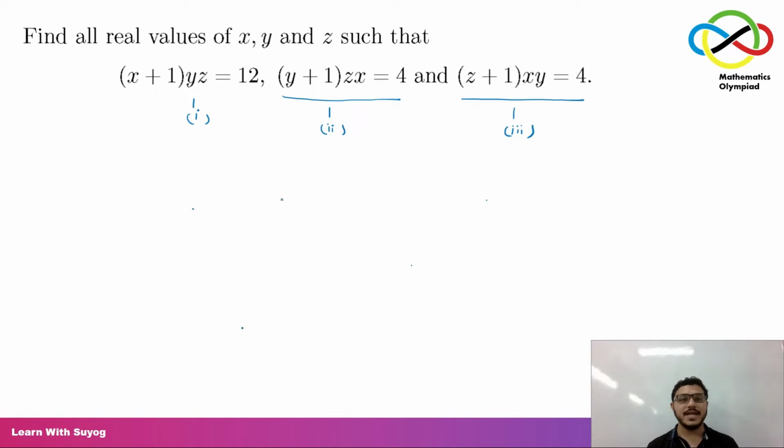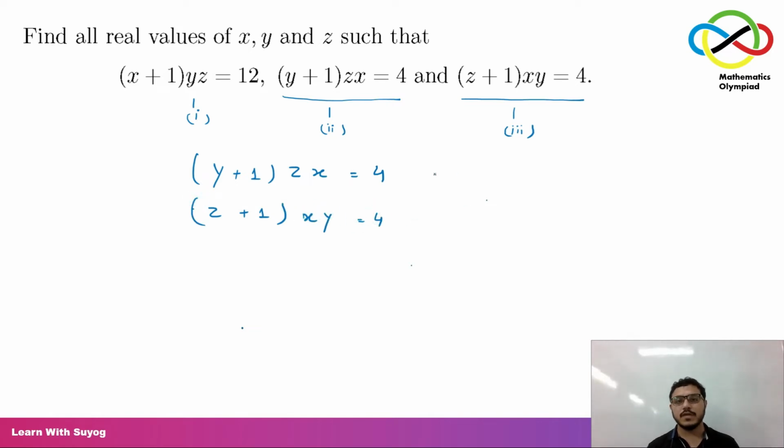So equation number 2 is (y + 1)zx, which is equal to 4, and equation 3 is (z + 1)xy, which is also equal to 4.